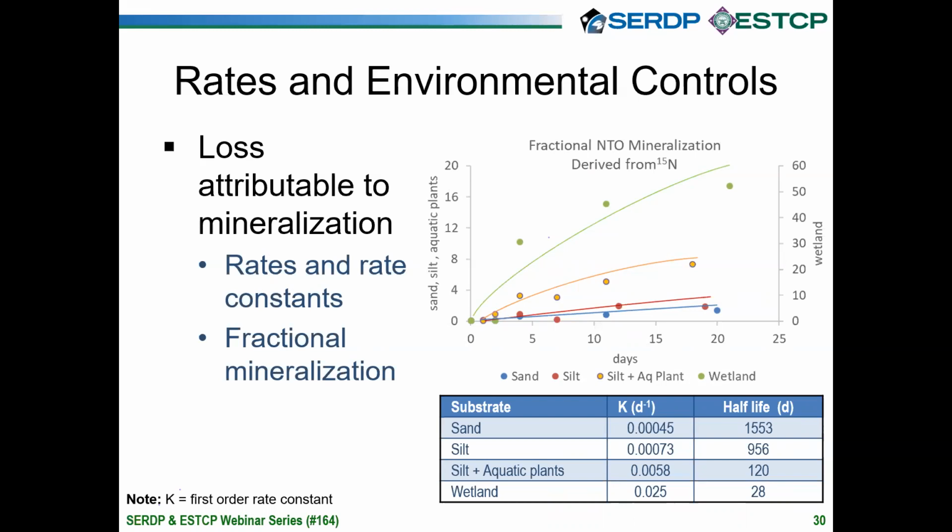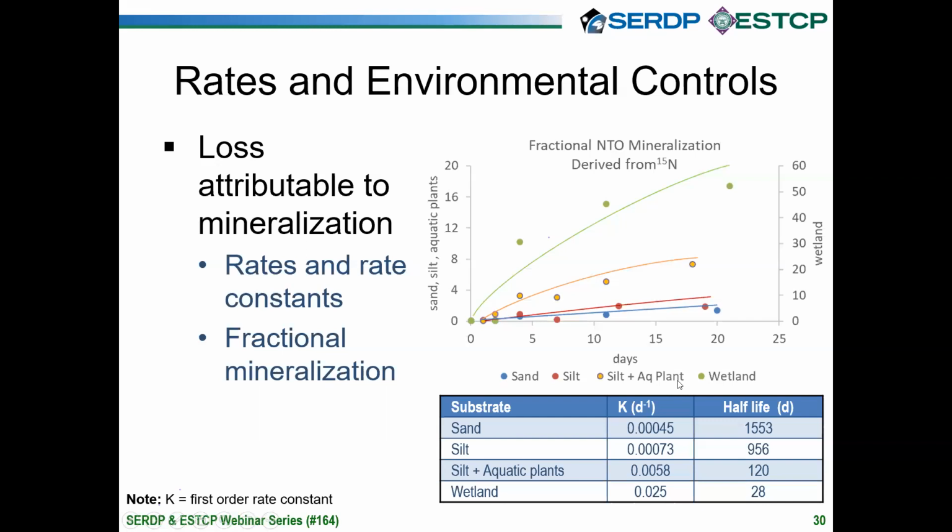So here's a data example where we're using the isotopes to derive how much of that fractional NTO loss that we saw 2 slides ago is actually due to NTO mineralization. And that's derived from the amount of isotopic label, in this case 15N, that we were able to measure accumulating in the DIN pool. So again, different habitat types: sand, silt, plants, wetland environment.